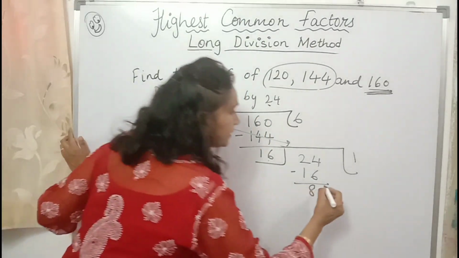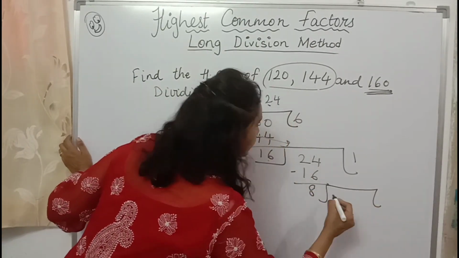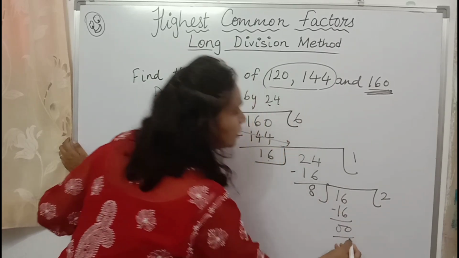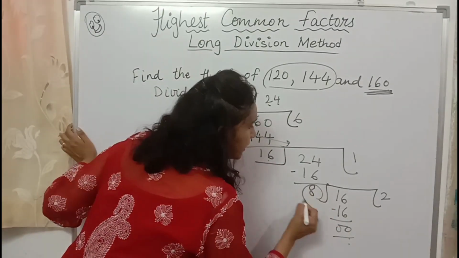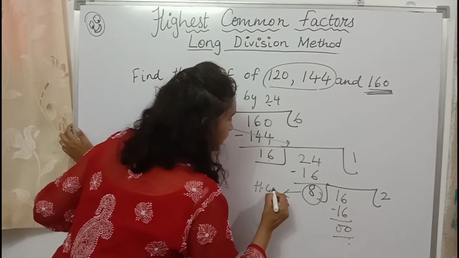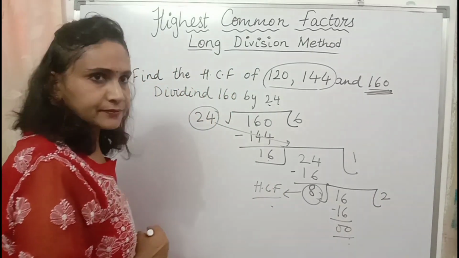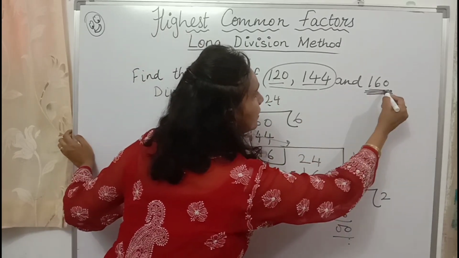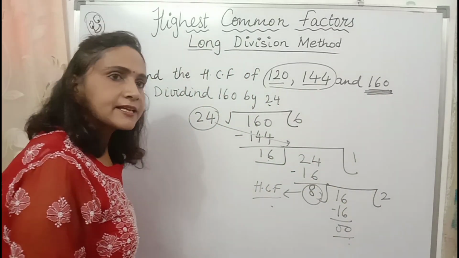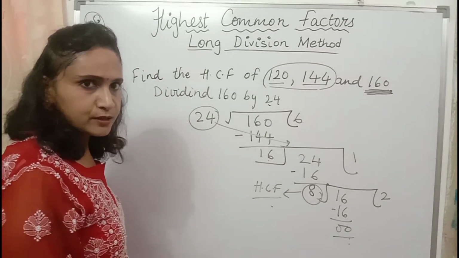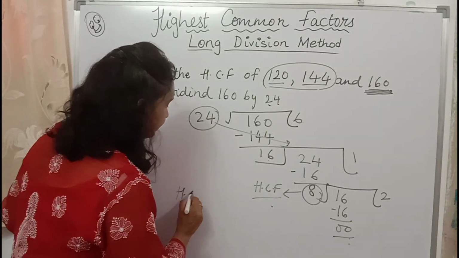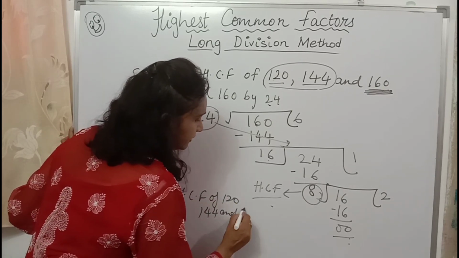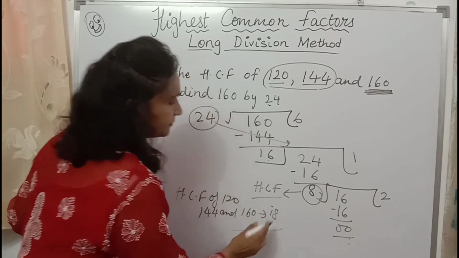Now again the remainder is coming. Now again divide. 8 twos are 16. So now 0 is coming. So 8 is the HCF. 8 is the HCF of 120, 144 and 160. That means 8 is the HCF of all 3 numbers.